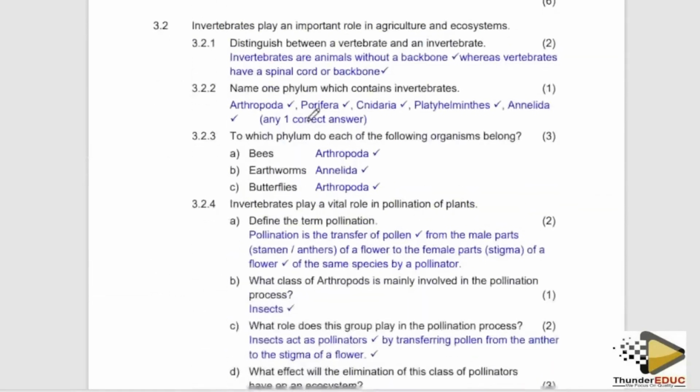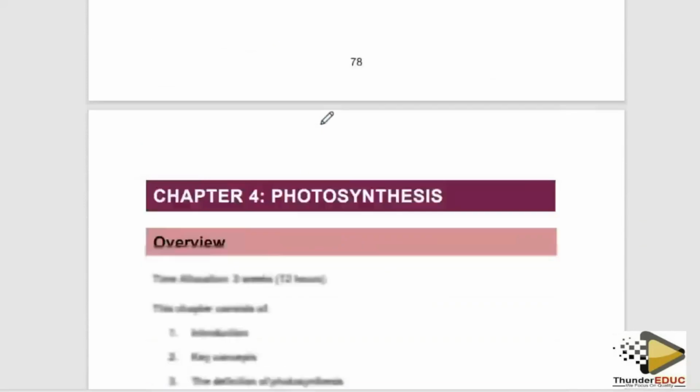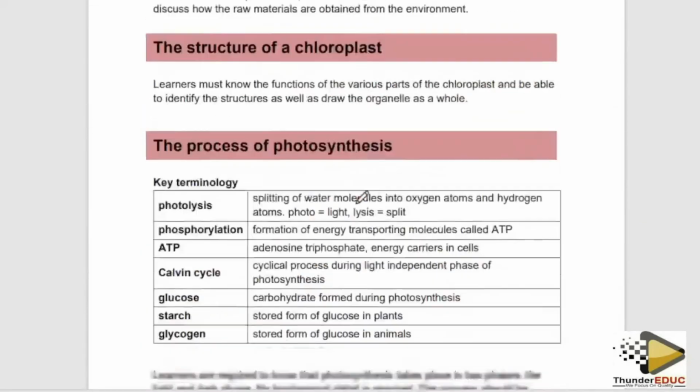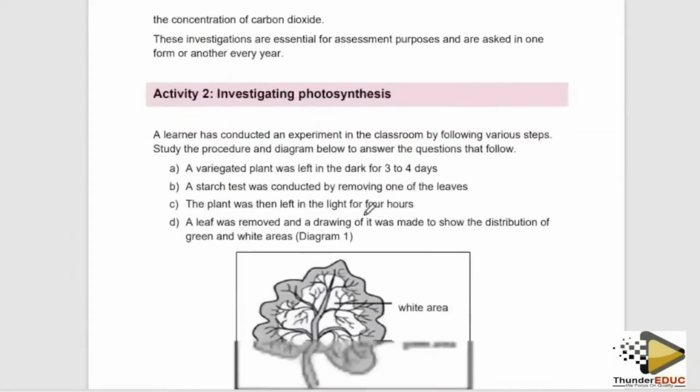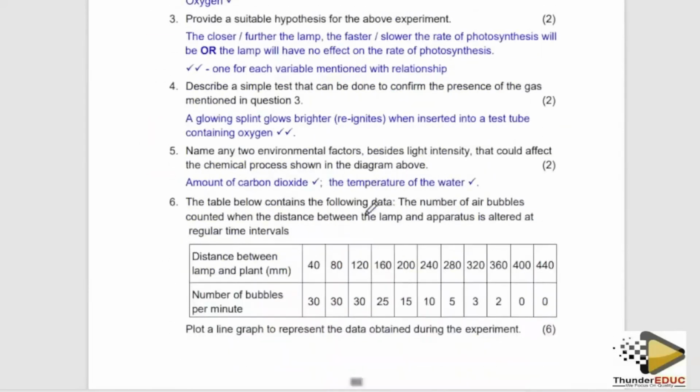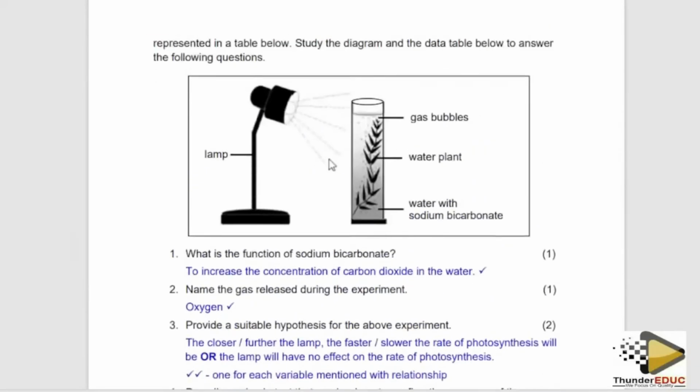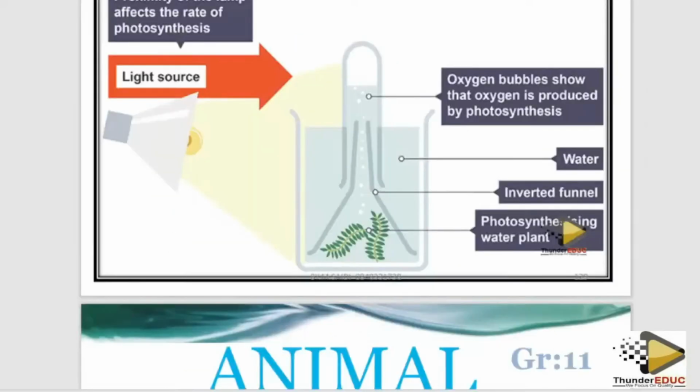Let me show you in this booklet. We can set it in this version, or we can set it in this version. So it's the same thing.